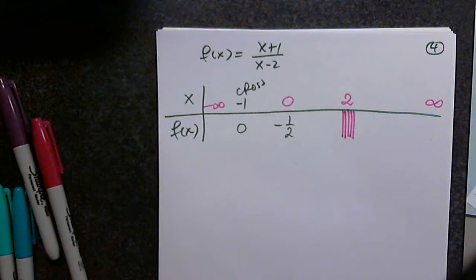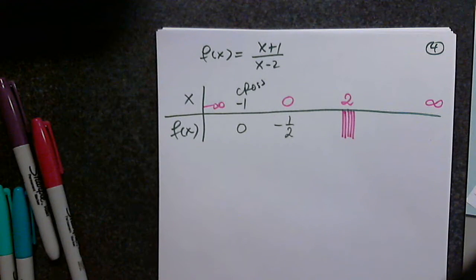What happens here is, because the function is undefined at 2, the function will do this, or it will do this. I don't know which one. On the other side, it will go to positive infinity, or it will go to negative infinity. I haven't checked which one. So there are 4 possibilities, and I will figure it out in a moment which one it is.